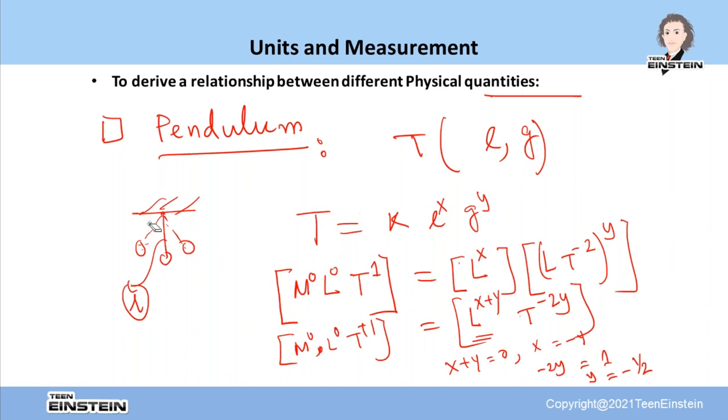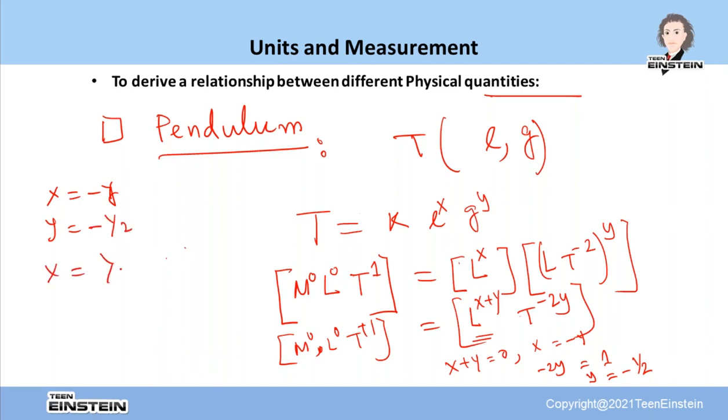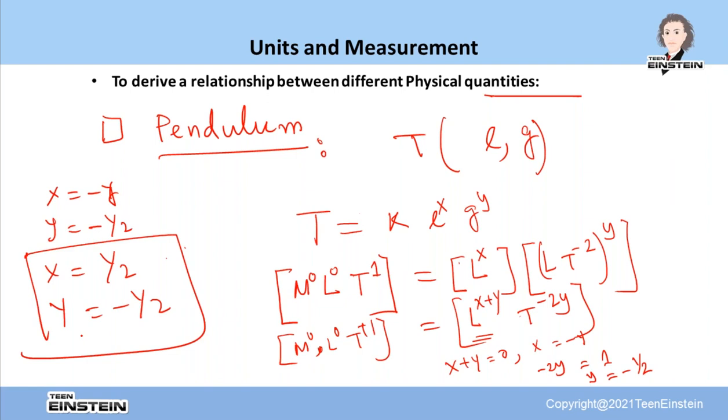So just by comparing both sides, we have got x is equal to minus y, and y is equal to minus half. That means x is equal to plus half and y is equal to minus half. So this is the dimension.